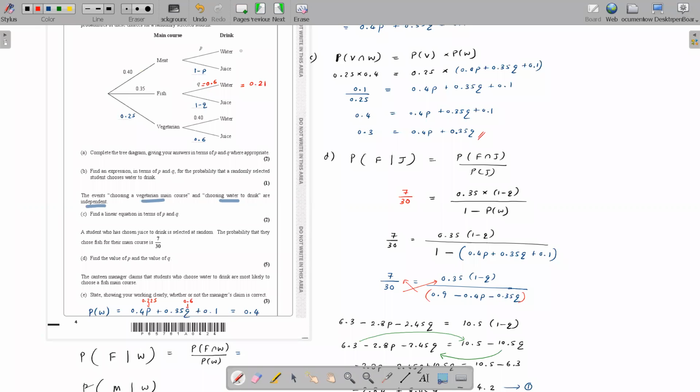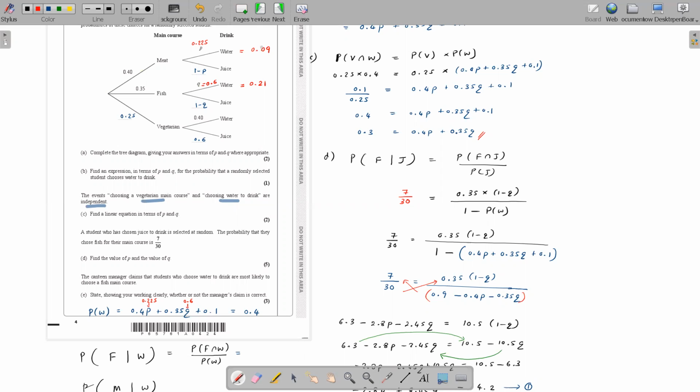Meat and water, that also multiply. The P value is 0.225. So multiply meat and water: 0.40 into 0.225. How much is it? 0.09.